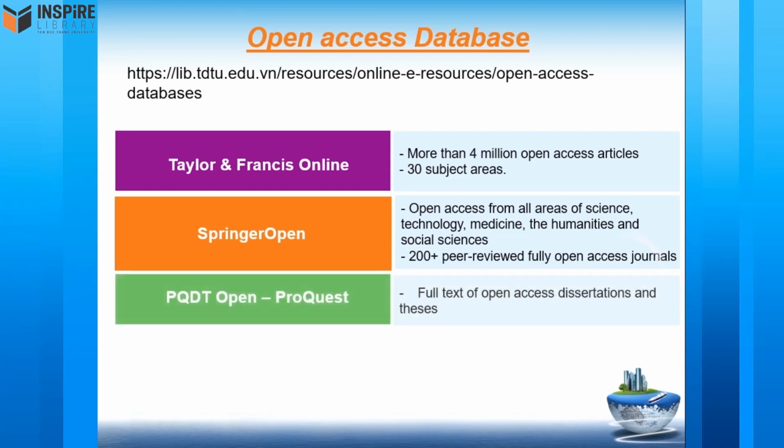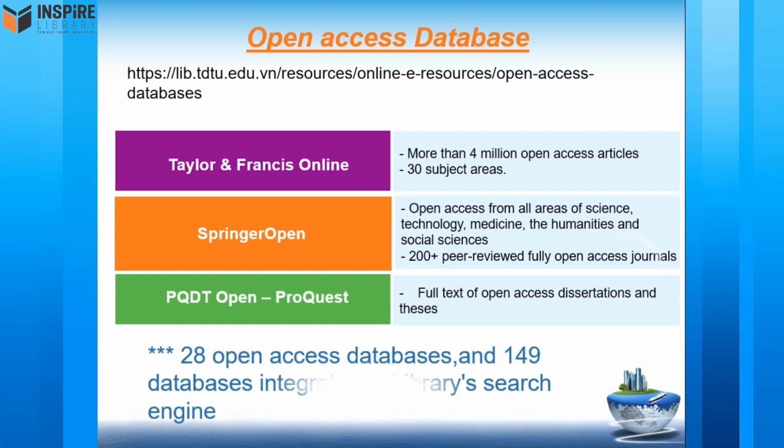ProQuest Open has full text of open access dissertations and theses. Not only that, we also provide a list of 28 open access databases and 149 databases integrated into the library search engine.